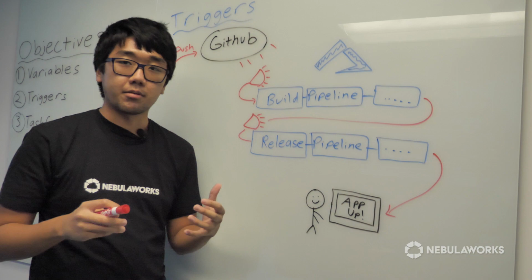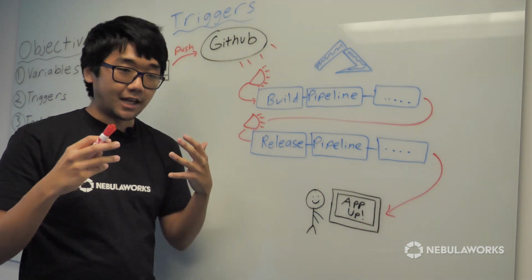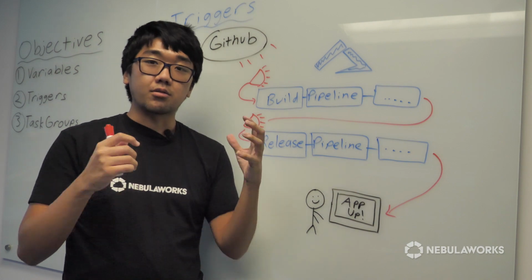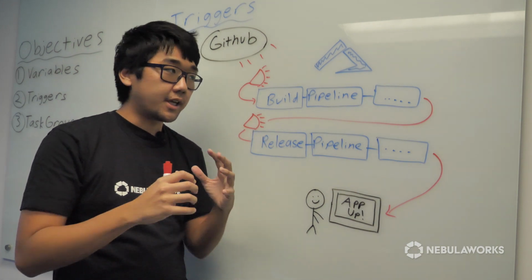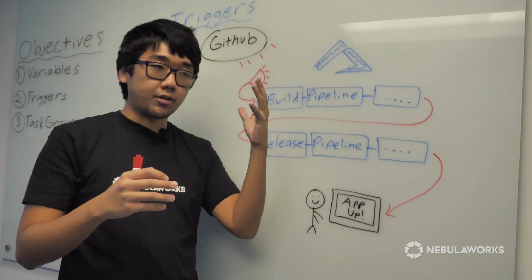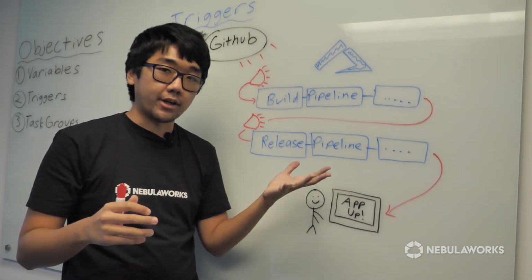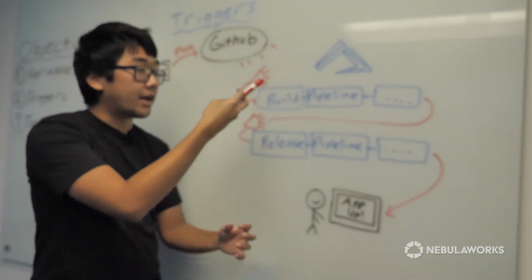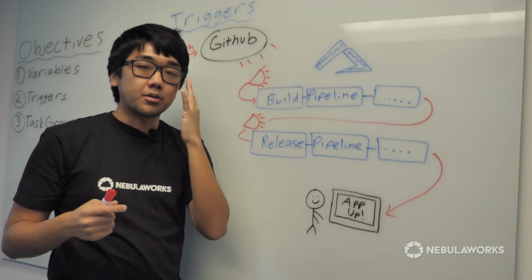Why are triggers important? Why am I covering this? That's a great question, because triggers, as I said before, are the glue that holds together your workflow when it comes to integrating your code with Azure DevOps Pipelines. Because without triggers, how would this guy be able to know that his code was able to go through successfully?